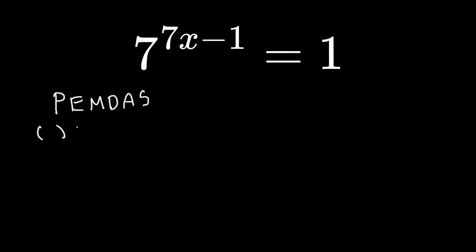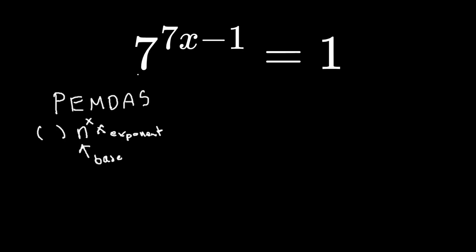Now, exponent. The letter E stands for exponent, and it's a number that has an exponent over here. As you see in this problem, we have 7 as the base, and the x will be the exponent.